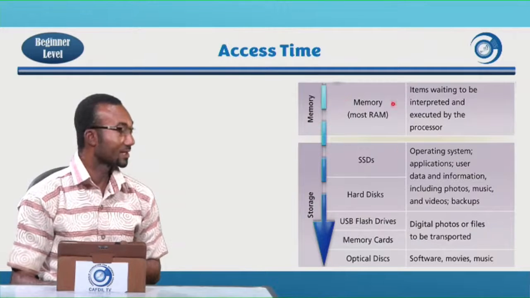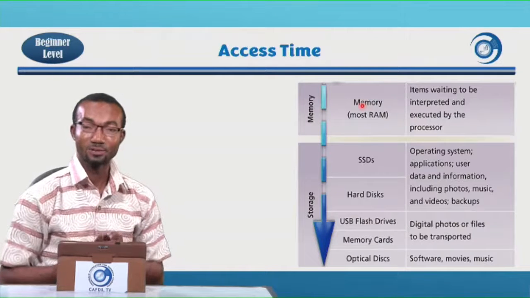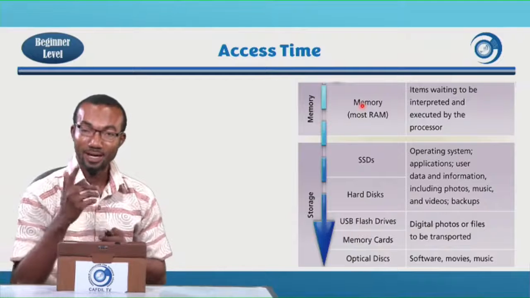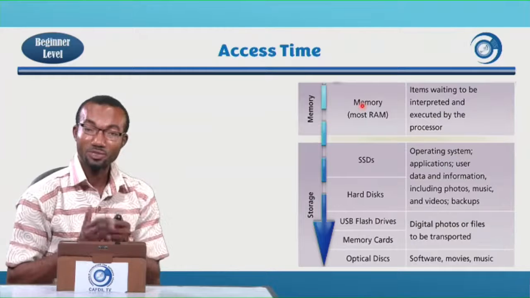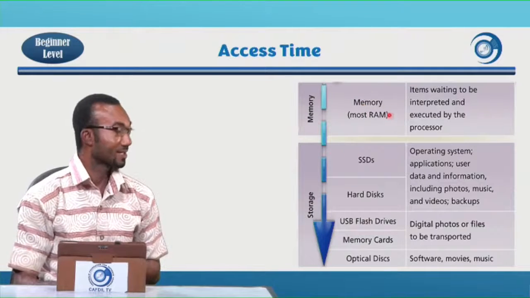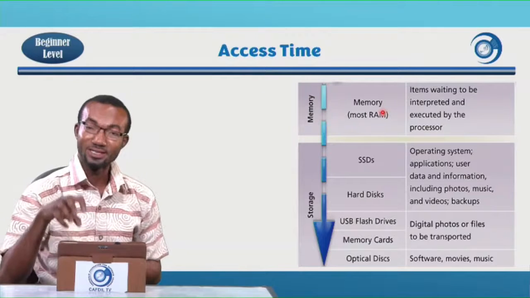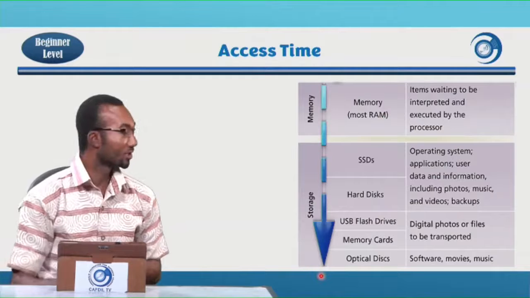And as we discussed the other time, the RAM also works as fast as the processor, because the hard disk cannot speed up as the processor does. So the RAM comes between the hard disk and the processor. So when it comes to access time, the amount of time it takes the RAM to locate information is the fastest.